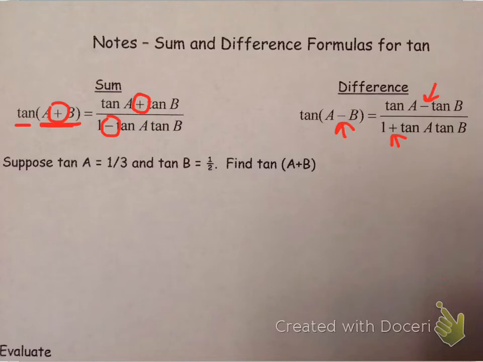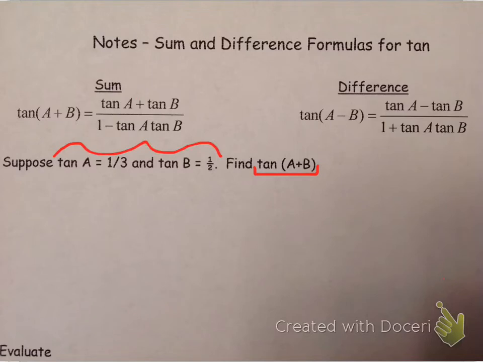Now remember, you don't have to memorize these identities, but the more familiar with them you can become, the easier it gets for you and the less time it takes. So if I wanted you to evaluate the tangent of angle A plus B, this is set up like it should be a picture drawing problem, but the identity for tangent of A plus B doesn't require that I know where my angle is, because it just uses the tangent values.